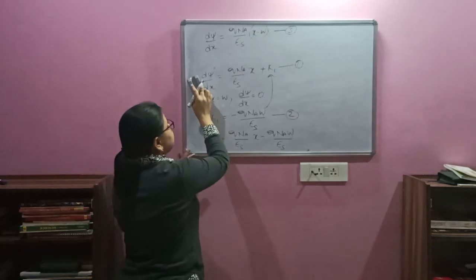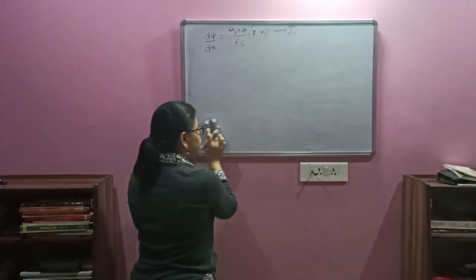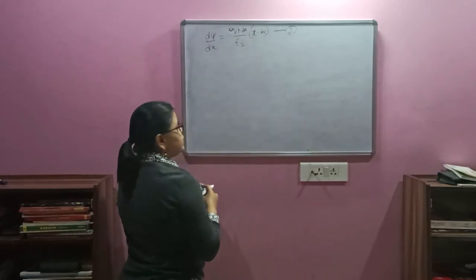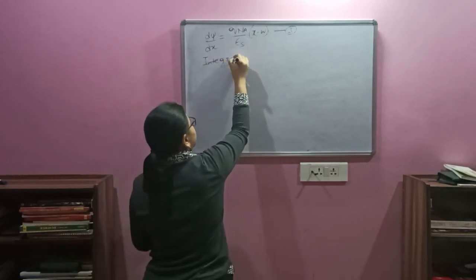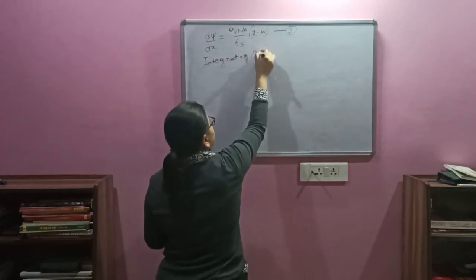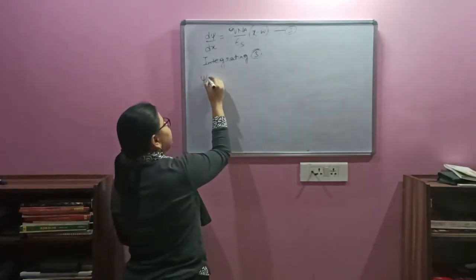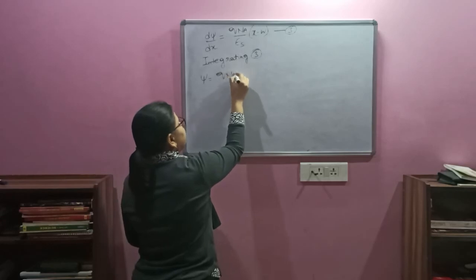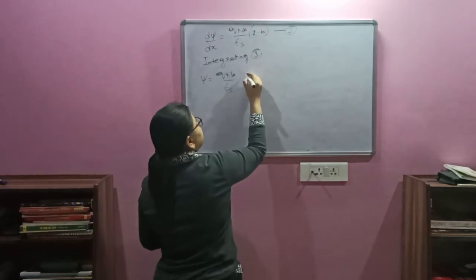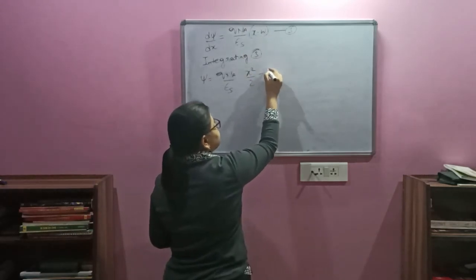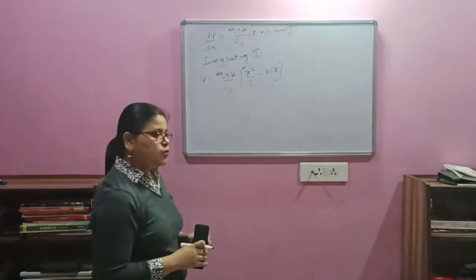Further, because we don't know what this x particularly is, to get rid of the x term I will integrate again. Integrating equation 3, I get psi equals q Na upon epsilon s, treating it as a common term, times x square by 2 minus wx.